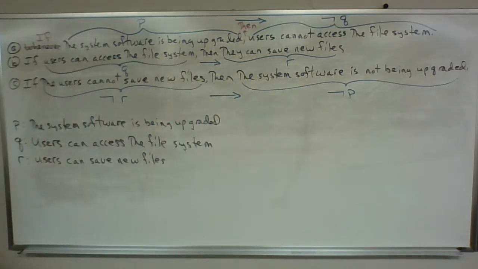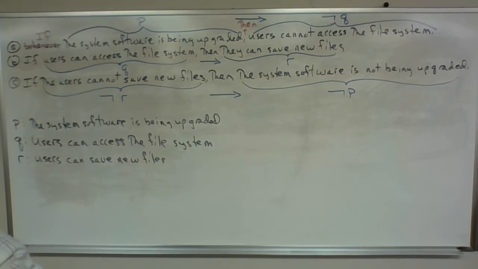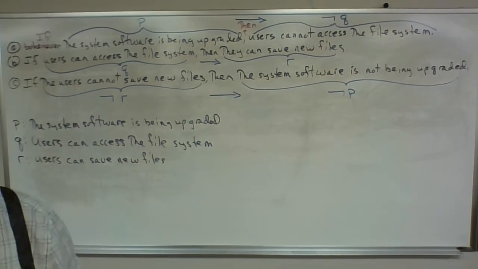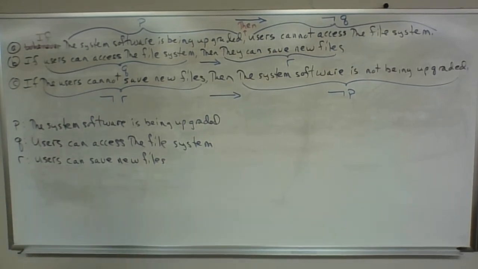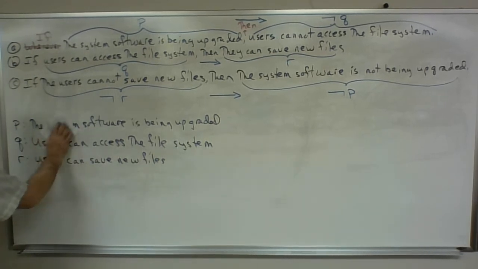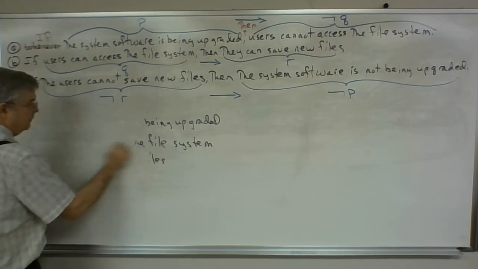So essentially, those are our, what would we call them? Our system specifications. A, B, and C are our system specifications. So here's what we're going to do. We're going to determine if they are consistent.